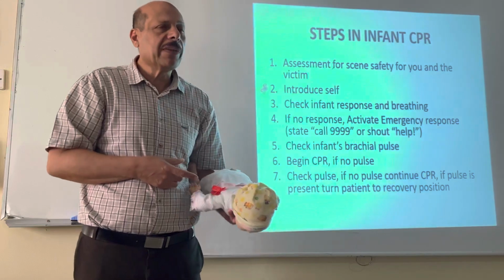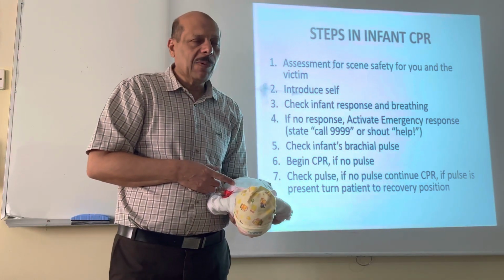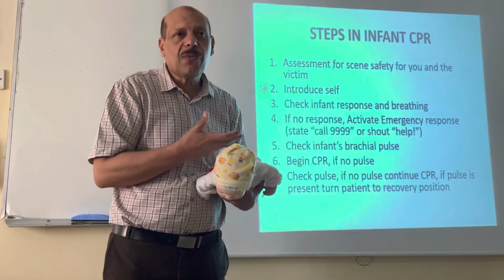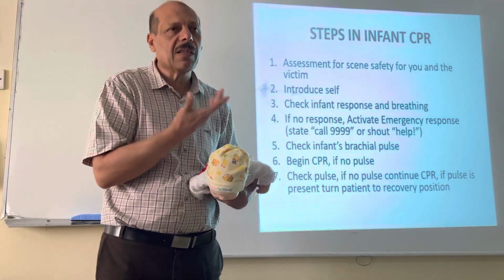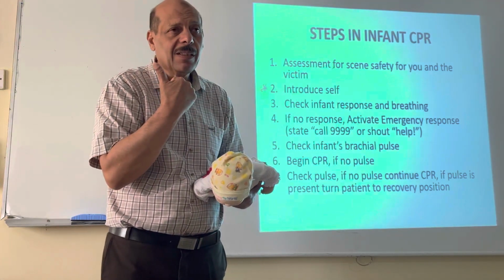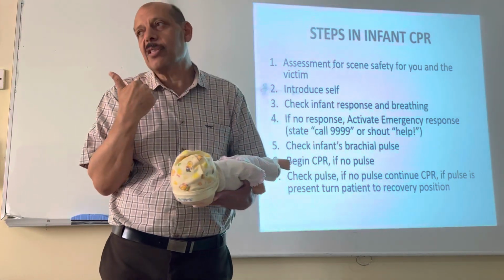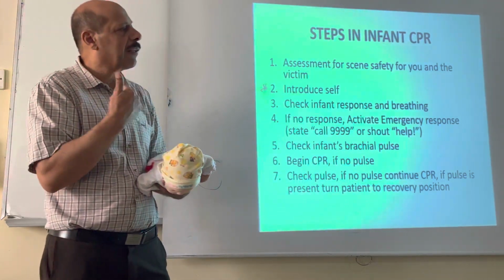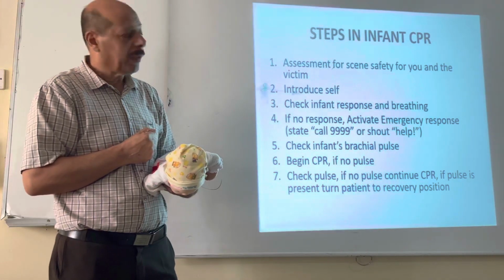And I will put him down like this. The purpose of this also is if he vomits, if something is coming as vomitus, it will not go back to the respiratory system.